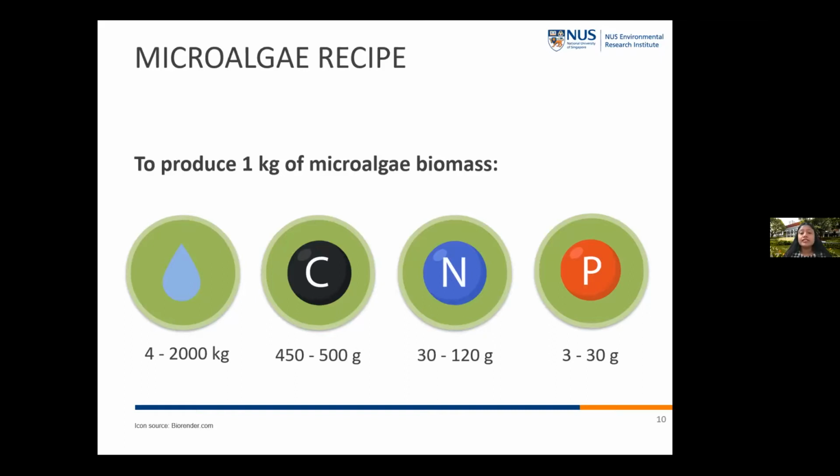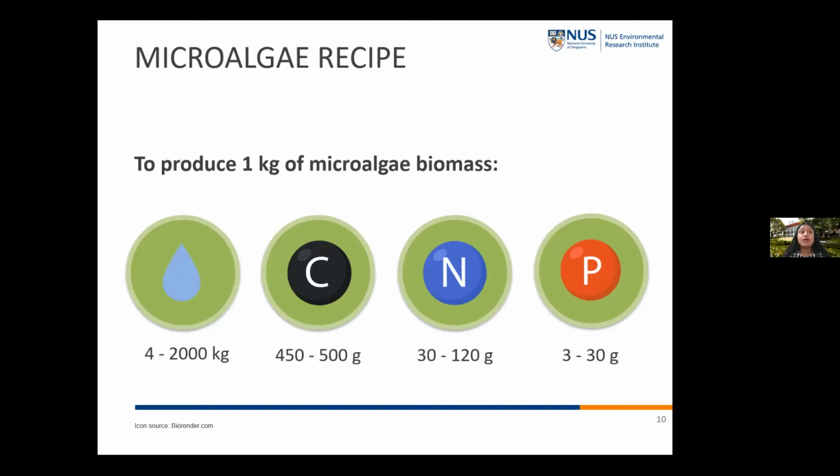The next ingredient in the list would be carbon. Carbon is about 50% of the dry biomass, so that's why we need a lot of carbon to grow microalgae biomass. Now, if you're growing it autotrophically, one can claim that we can use carbon dioxide from the atmosphere, but the concentration of carbon dioxide in the atmosphere is only 0.04%, which is pretty low because most microalgae need 1 to 5% carbon dioxide for proper growth.